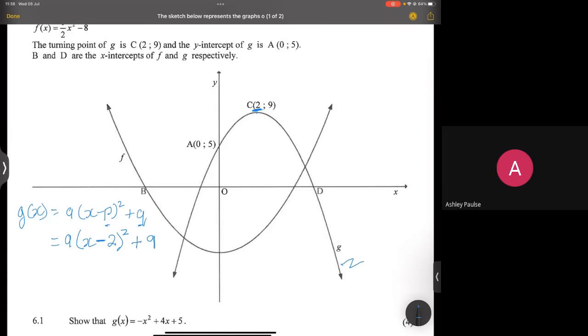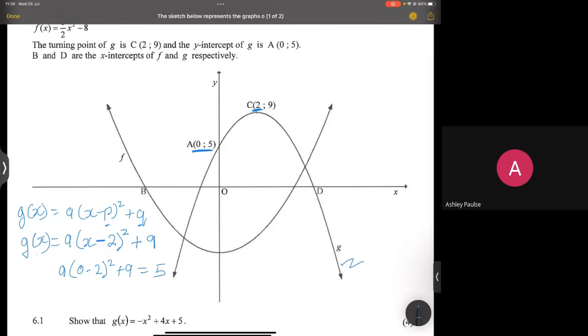Okay. Now, all that's left for us to do is to find the a value, right? And how am I going to find that a value? What I'm going to do is just substitute the other point that I know about g. Okay. So now, to get the a value, I can substitute the point (0; 5). So it means where x is 0, y is equal to 5. So I'll have a times (0 minus 2) squared plus 9, and this is equal to 5.